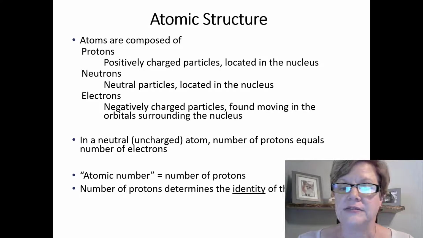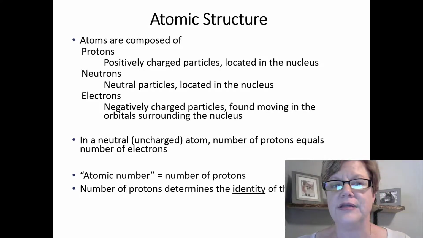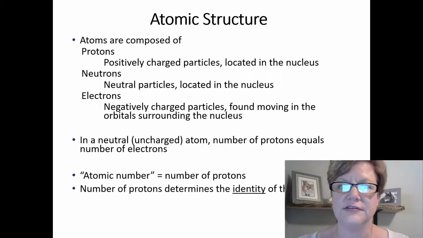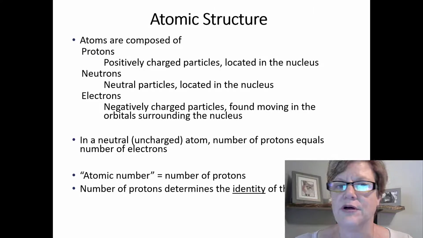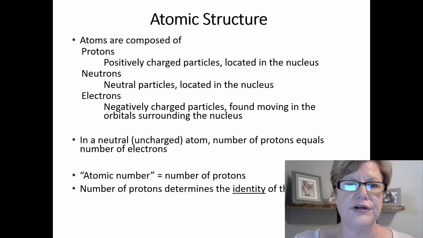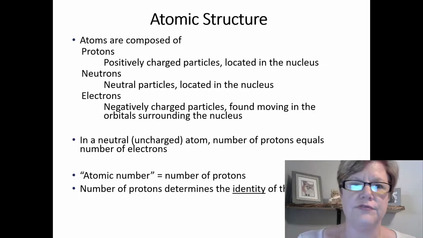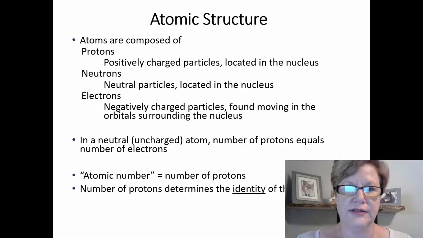And in fact, I don't want to blow your mind, but these particles actually contain smaller things as well. The study of the components within a proton, a neutron, or electron is what we call quantum mechanics. It blows my mind, and we're certainly not going to try to talk about what makes up a proton or an electron. We're going to say that the smallest particles we're going to concern ourselves with are protons, neutrons, and electrons.